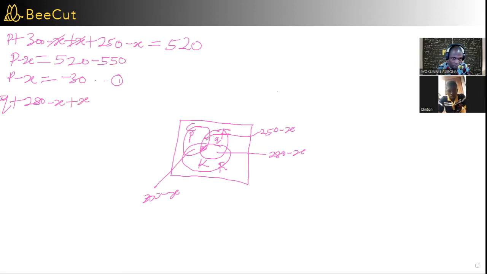Then plus the other one, which is 250 minus X. And if I add all of this together, it's going to give me 450.